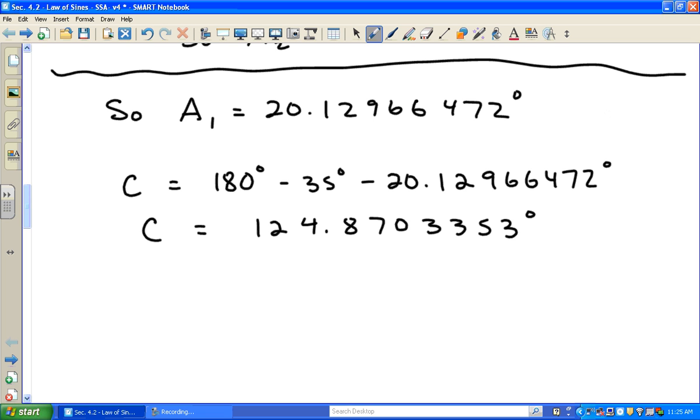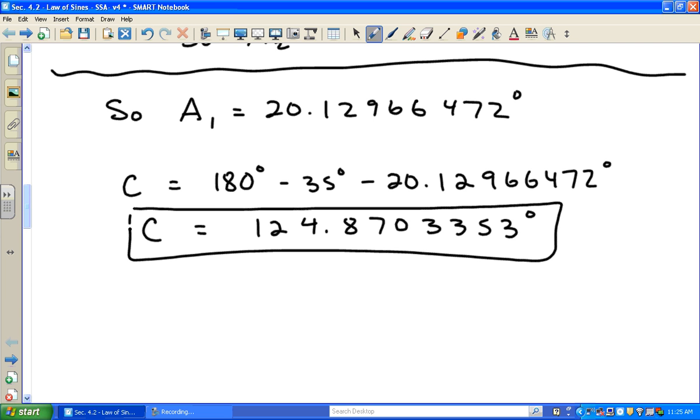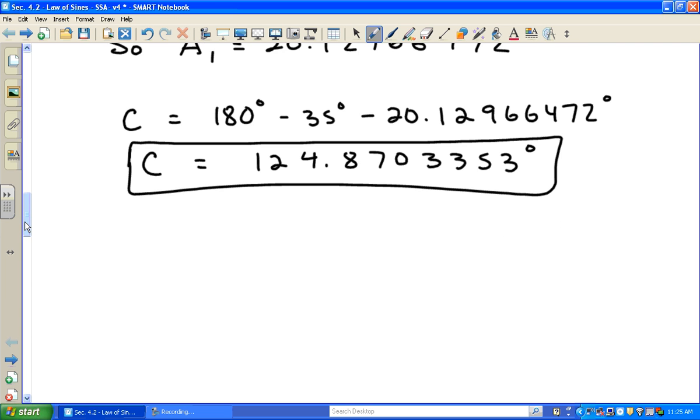And then the last thing we need to do is find side C. To find side C, we can use the law of sines again: sine of the angle you were given originally, divide by the side that went with the 35, which was 5, equals sine of angle C, which is the 124.